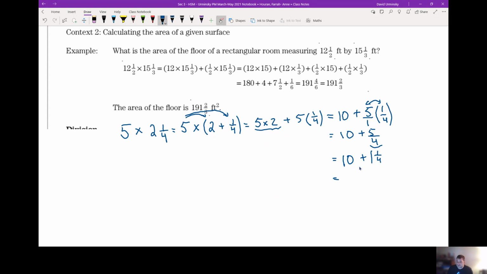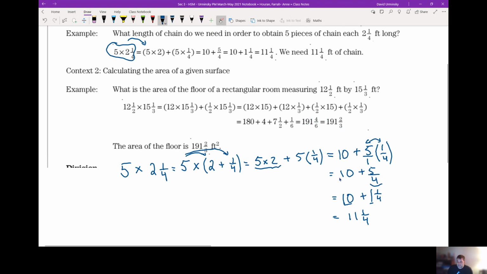Now we can continue this addition by adding the whole parts together. So the 10 and the 1 to get 11. And we still have this quarter. So it's 11 and a quarter. So that's what they're doing up here. Right, we agree with what they have.